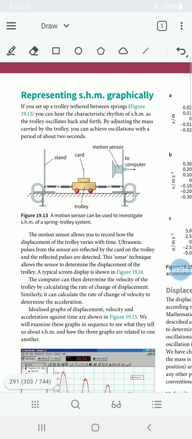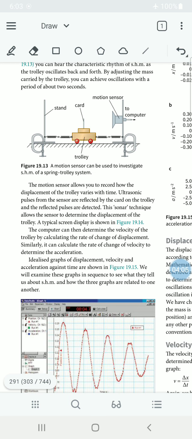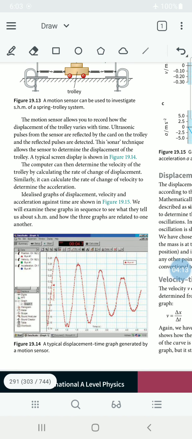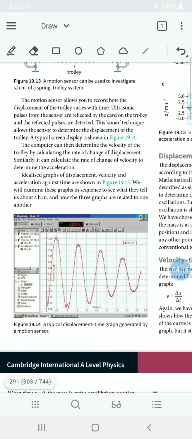So now this motion sensor will allow us to record how the movement changes with sound. There are ultrasonic pulses which can be detected by the sensor, and that sensor will give us a graph like this. In this computer monitor, it is giving us the displacement time graph here.